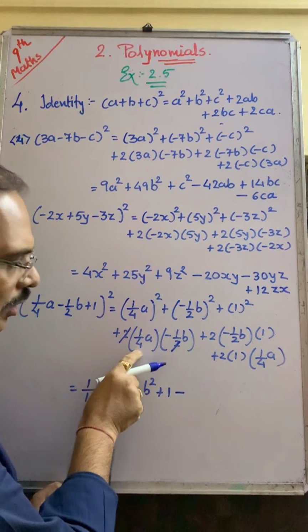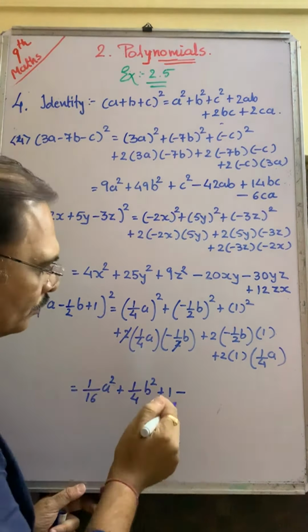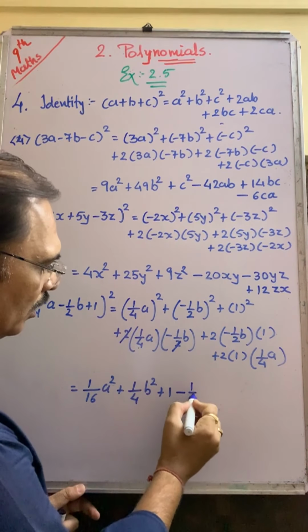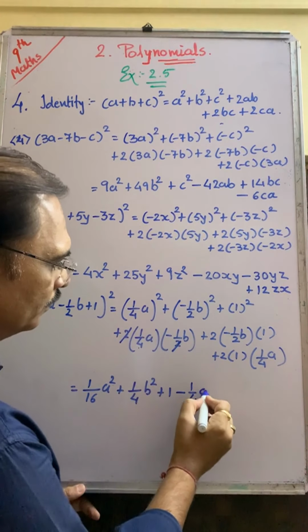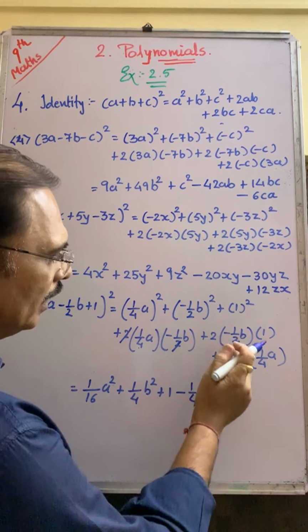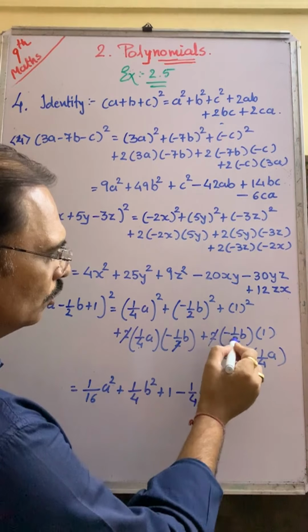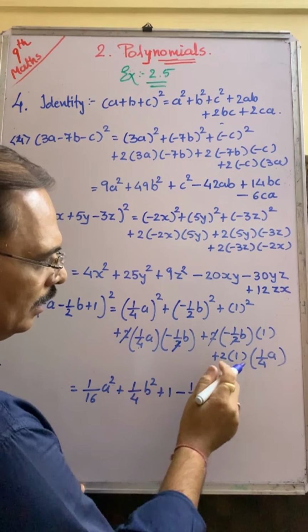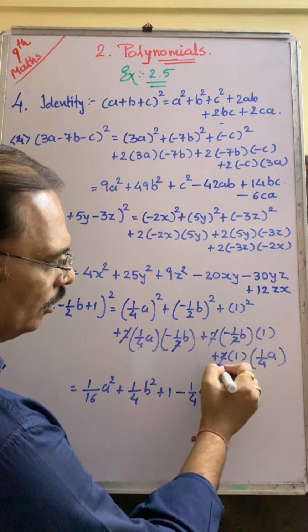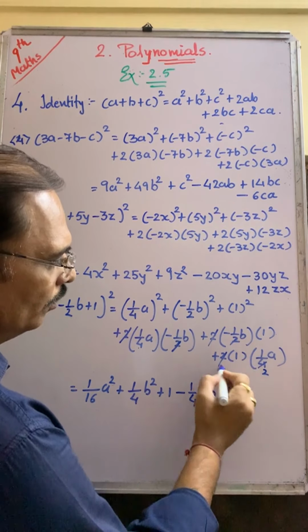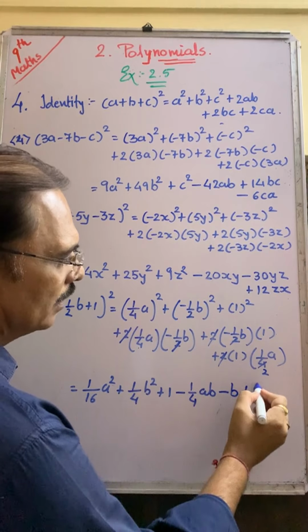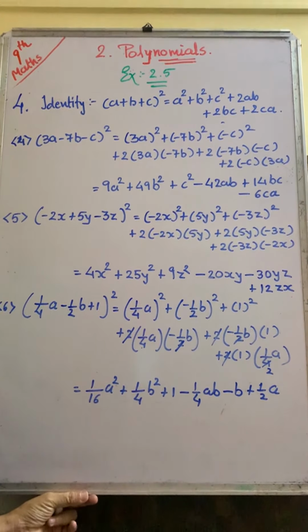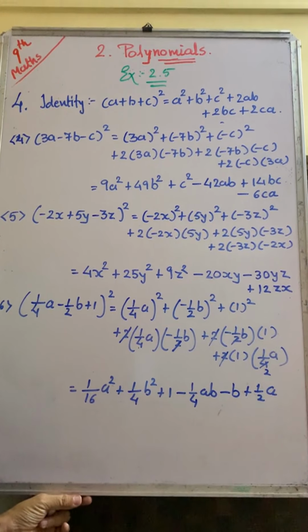Now plus minus minus, 1 upon 4 1s are 1 upon 4, a into b. Here plus minus minus, 2 cancel. Now 1 1s are 1 b. Here 2 1s are 2 and 2 2s are. So plus 1 1s are 1 upon 2a. Is it okay? Check it properly. This is your question number 4.